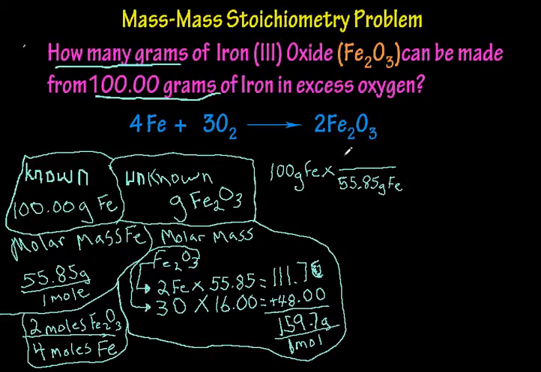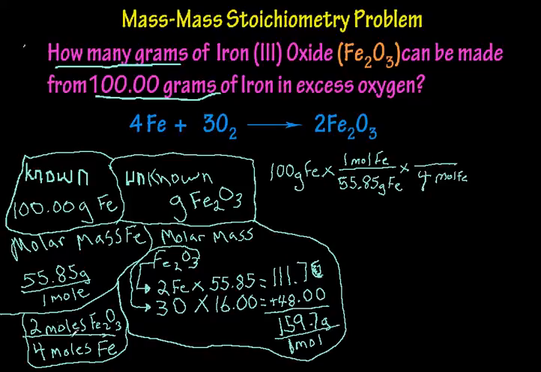Got it from the periodic table. 1 mole. So 1 mole goes on top. Now what do I need? I need something with moles of iron in the bottom. And I have that in my magic fraction, 4.